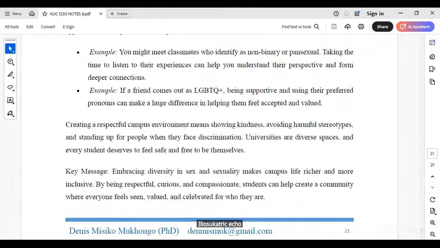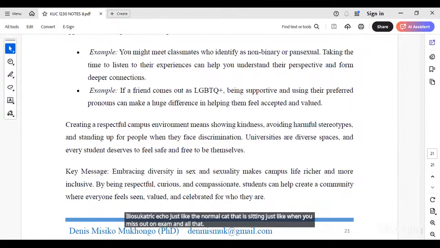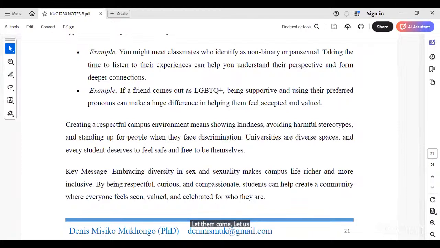It's just like the normal cut that is sitting, like when you miss out on an exam. So anyone who has any technical challenge, we are always here at ABB 101. Let them come, let us address the challenge early enough before the day of the cut.